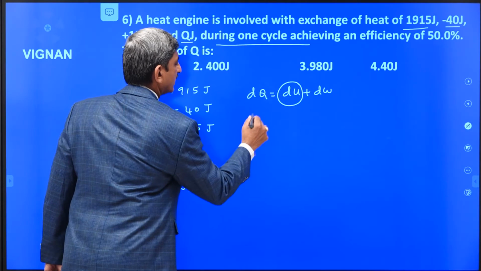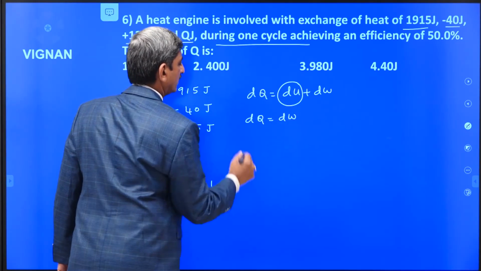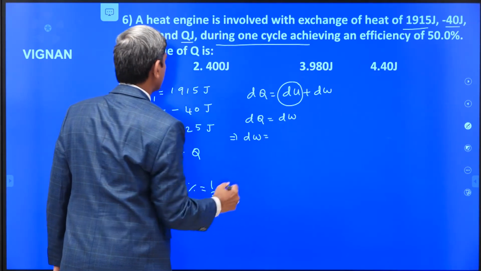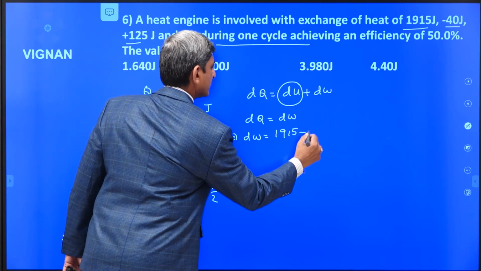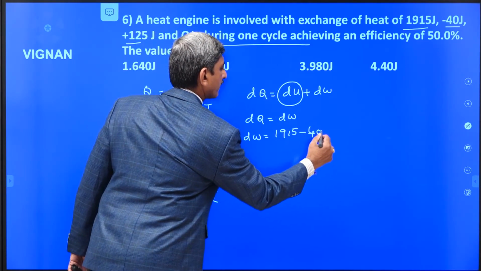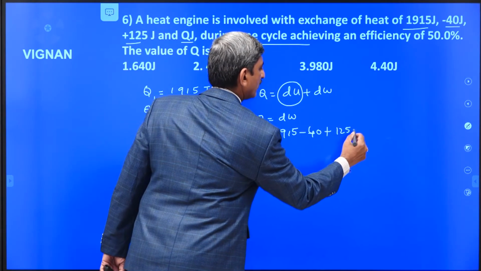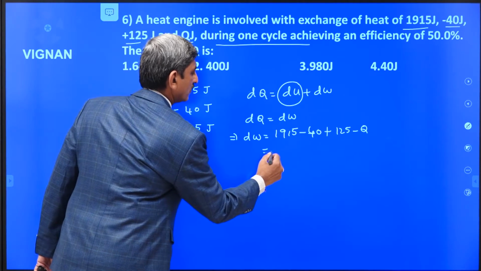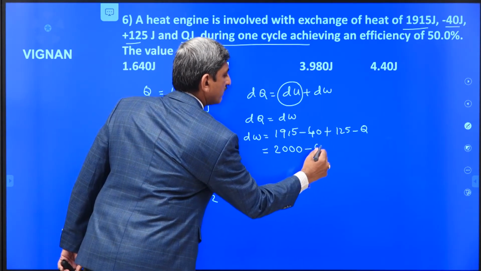From that we can write dQ is equal to dW. Therefore, dW is equal to 1915 minus 40 plus 125 minus Q, which is equal to 2000 minus Q.